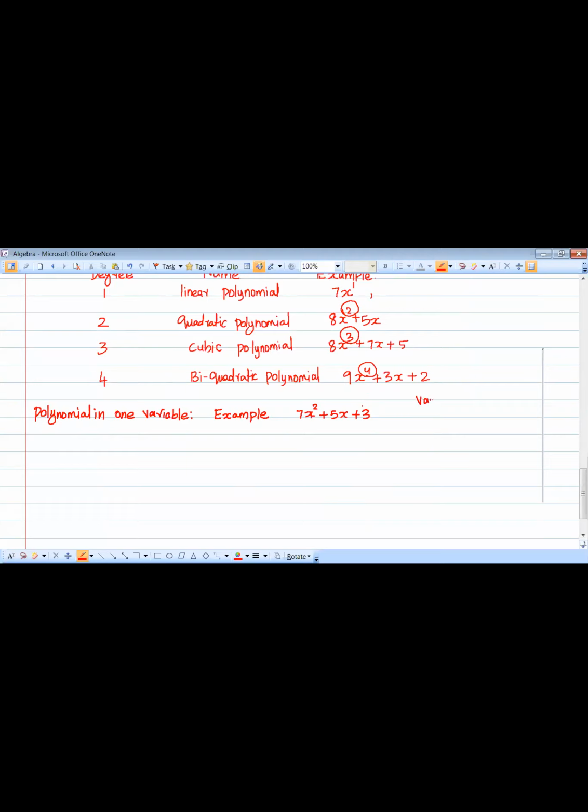What is your variable? x. Here, 7y plus 3y cube. How many variables are there? Only one variable. What is that variable? y. So if only one variable occupies the entire polynomial, then that is called polynomial in one variable.